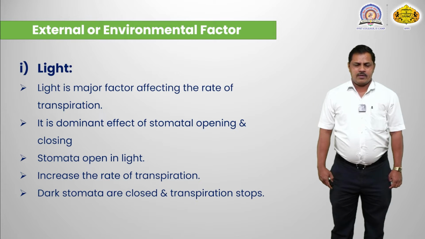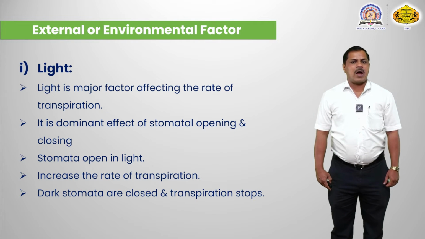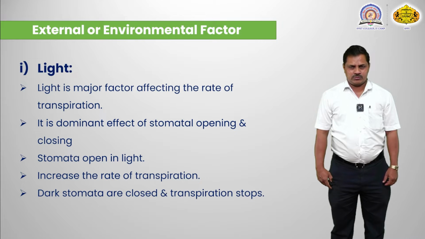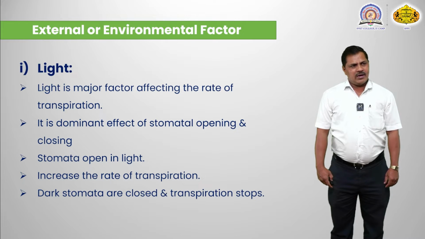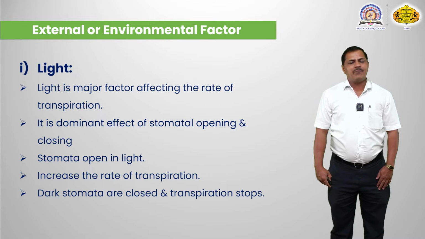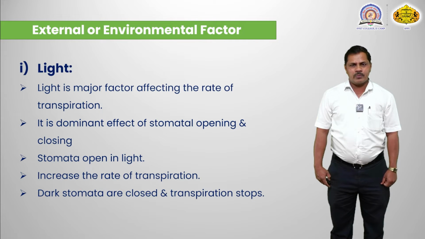First is light. Light is a major factor affecting the rate of transpiration. It has a dominant effect on stomatal opening and closing. When light falls on the surface of the leaves, they trap the sunlight, and this energy is beneficial for the photosynthesis process.